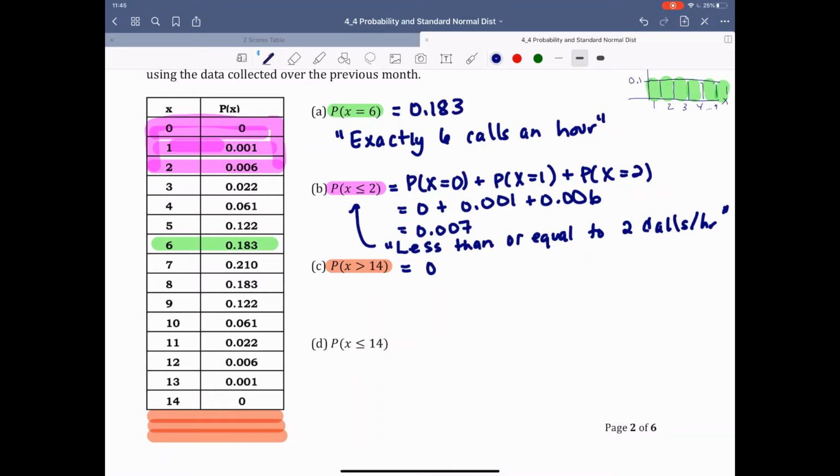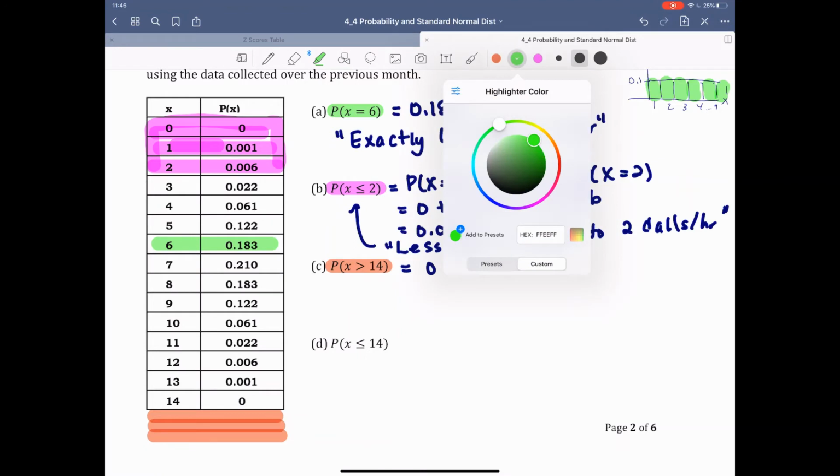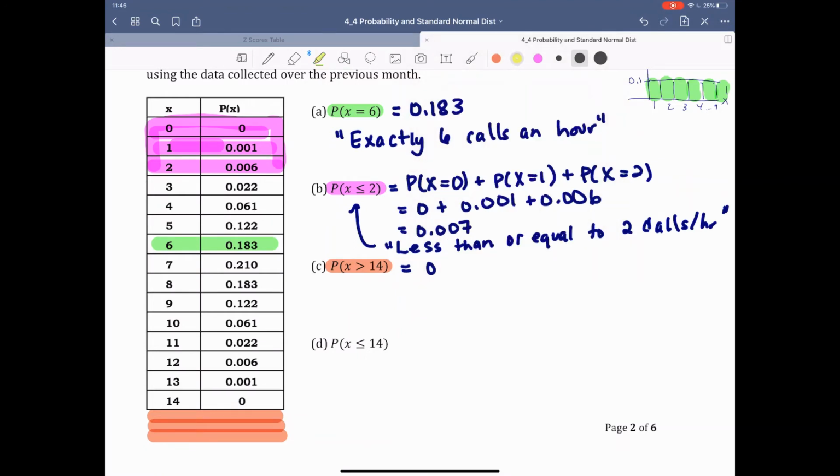And the probability that you receive less than or equal to 14 calls is the entire chart. Okay, and if you sum the entire chart, it's all possible probabilities. You'll see you add them all up, you end up getting 1. So it's a 100% chance that you get less than or equal to 14 calls within an hour.